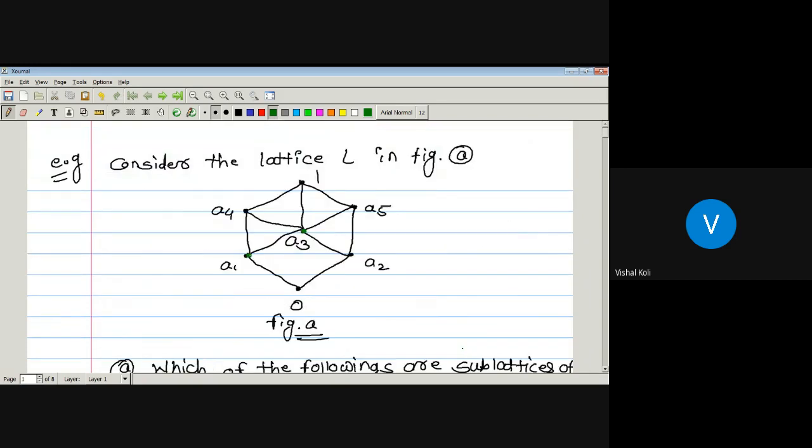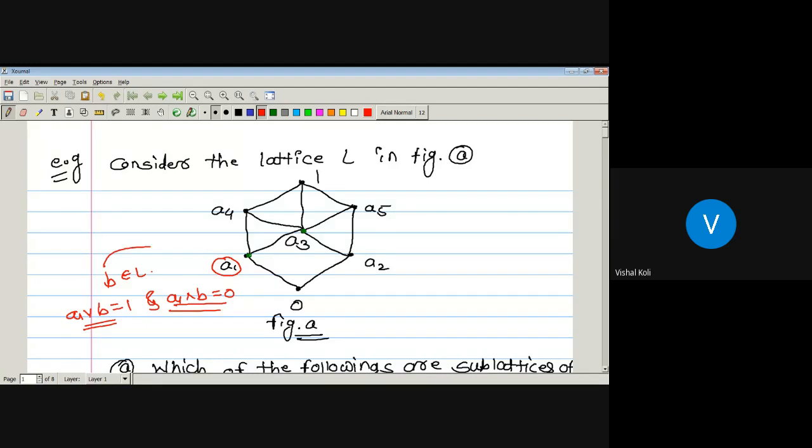From this Hasse diagram, we have to find out the complement of this element. So here we have to find one B belonging to lattice L, for which A1 join B is 1 and A1 meet B is 0.